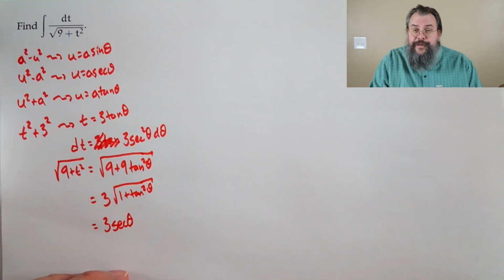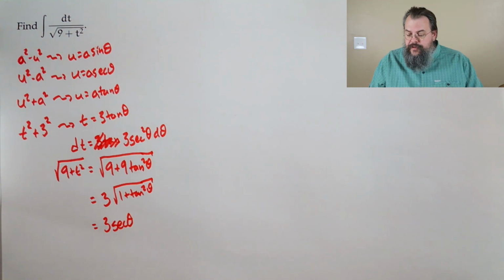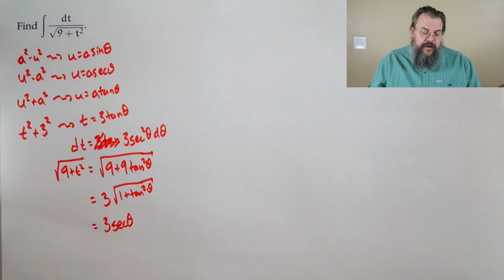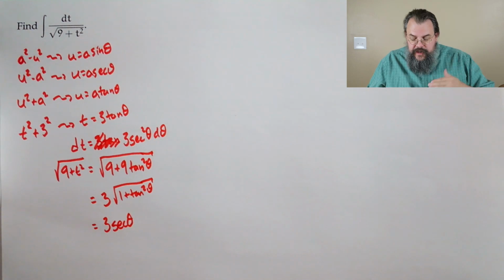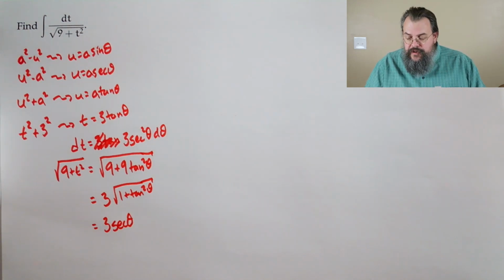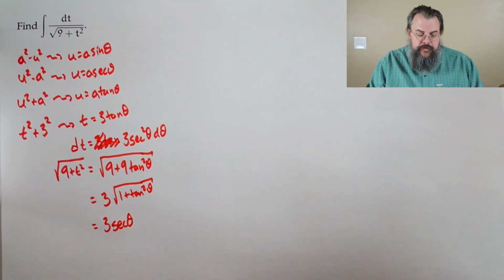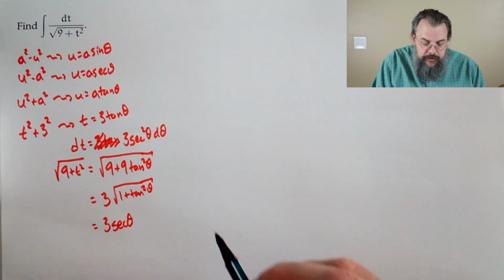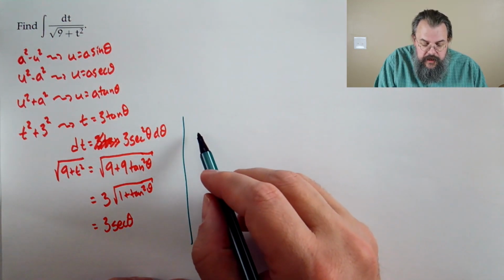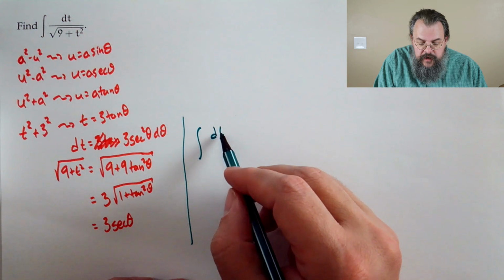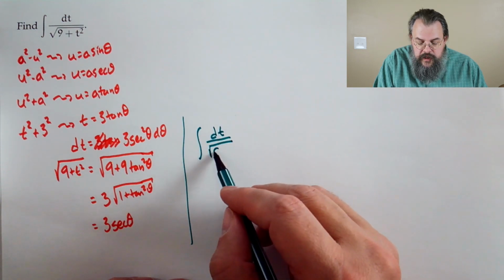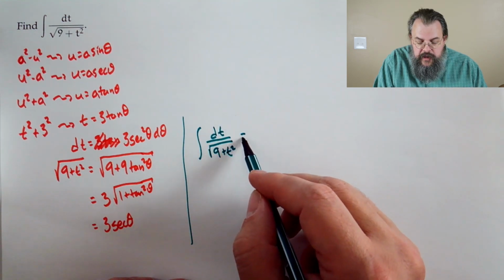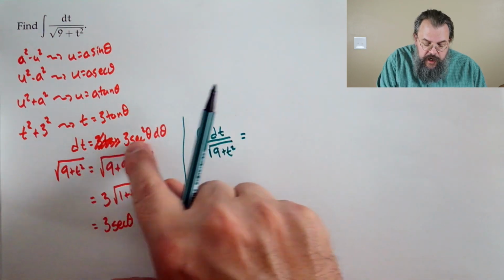And life is good. All right, so we know our substitution to make, and we've sort of identified what our pieces are. So let's see what we end up with. We have the following. We can say integral dt over the square root 9 plus t squared. All right, we can replace the top.